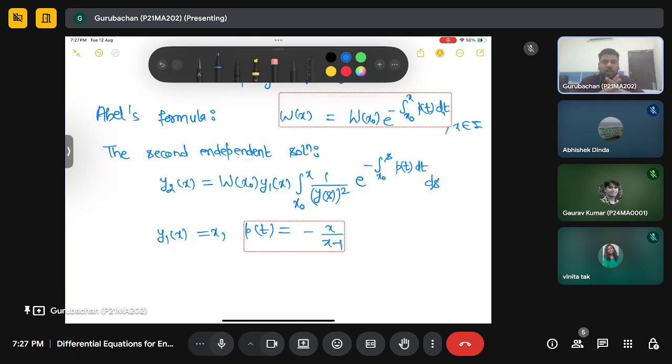Otherwise, there are different approaches where you can find y1 and y2. So I must say this is not some kind of different formula. It came out from the theory of second order differential equations. In lecture number 10 and 11, this has been told clearly.